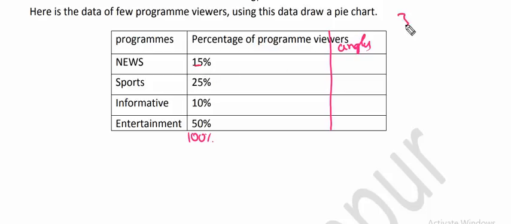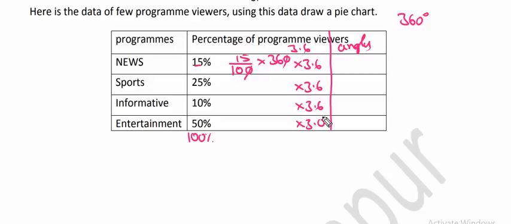Now we have to find the angles, distributing them over 360 degrees. For 100 it is 15, and for 360, the zeros cancel, so it is 36 by 10, which is 3.6. You multiply all the numbers by 3.6 to get the angles. So 15 multiplied by 3.6 gives 54 degrees, the first angle.